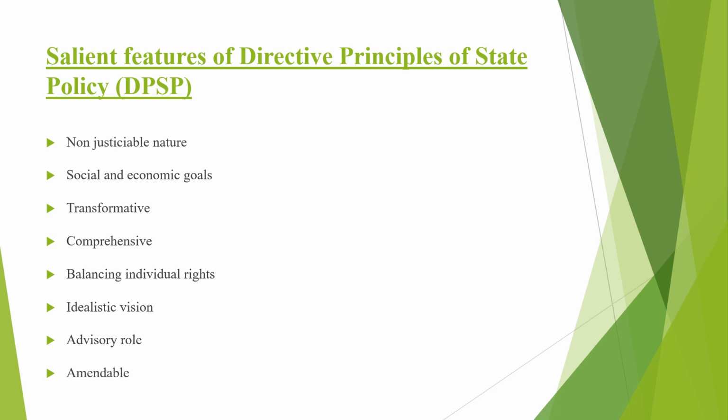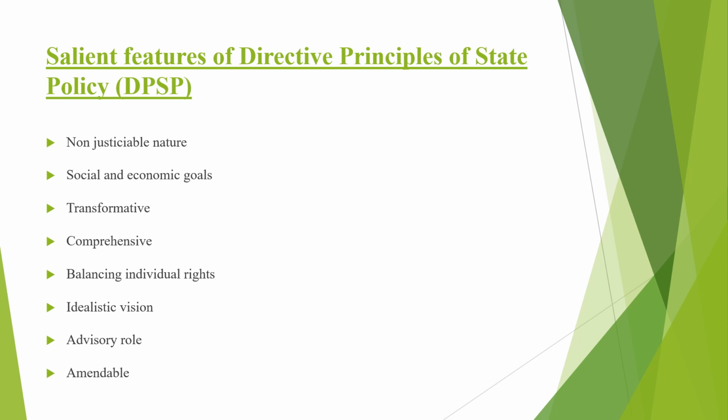Fifth, balancing individual rights. It means while fundamental rights emphasize individual liberties, directive principles of state policy seek to strike a balance between individual rights and the collective welfare of the society, ensuring that the rights of all citizens are protected.